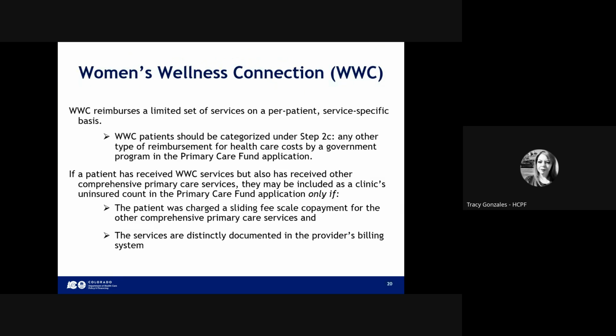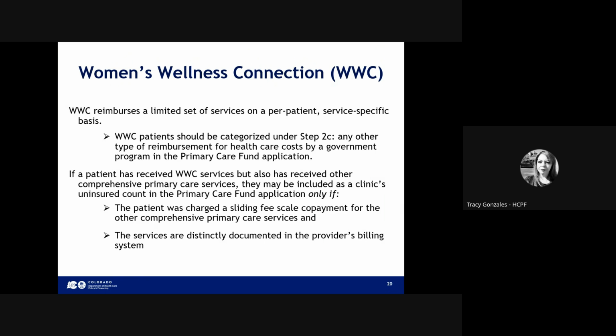Now, there are a few programs that can be a little confusing when calculating those step 5 patients. One of them being the Women's Wellness Connection, or WWC, which reimburses a limited set of services on a per patient service specific basis. Therefore, WWC patients should be categorized under step 2 in your application. And that is step 2C, which is any other type of reimbursement for healthcare costs by a government program.